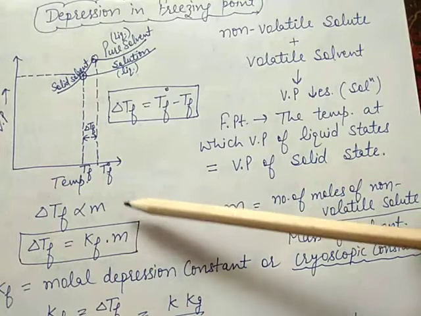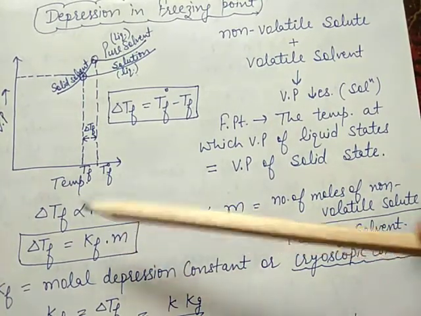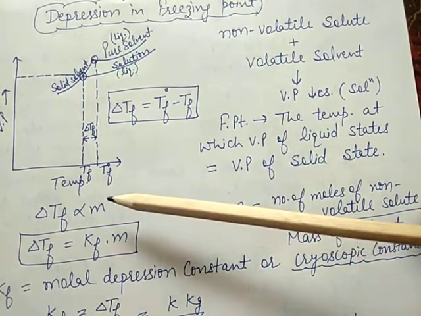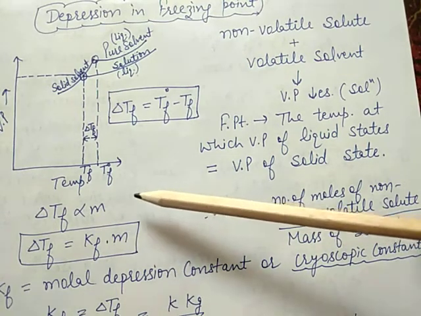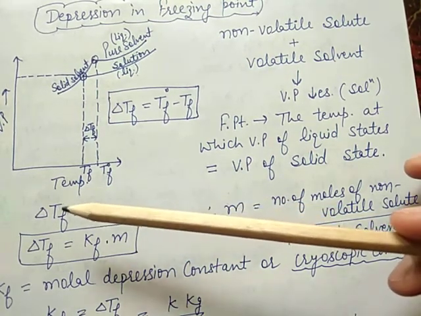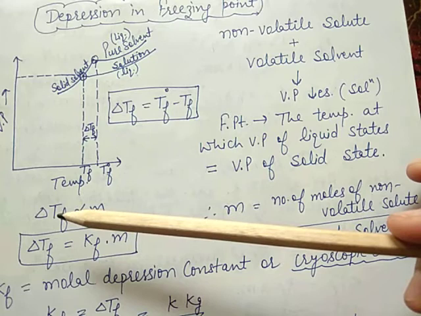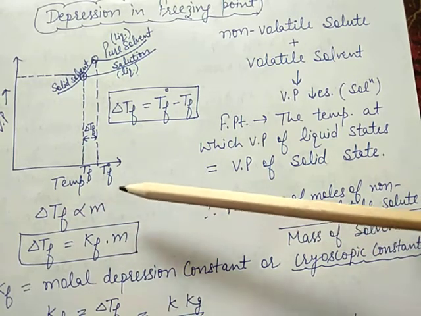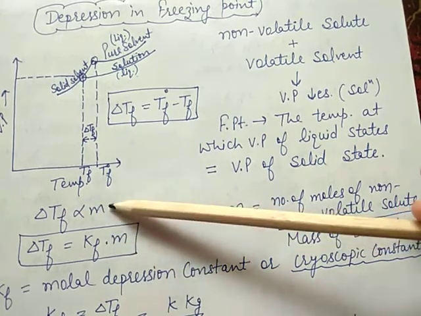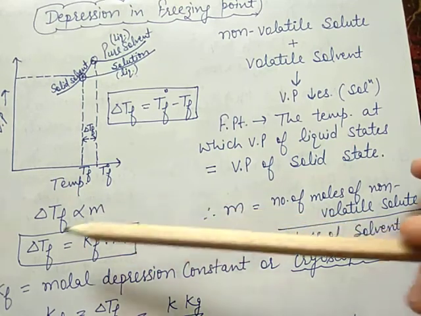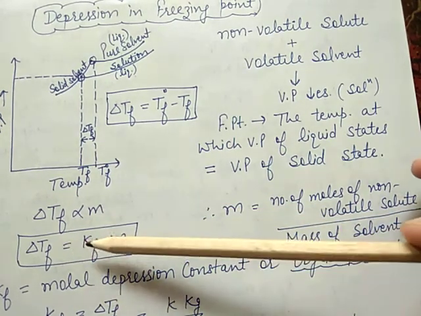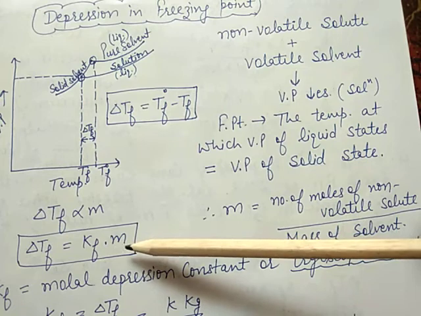From experiments, it is found that delta Tf is directly proportional to m. For a dilute solution, the depression in freezing point is directly proportional to the molality of the solution. Delta Tf is equal to Kf into m.